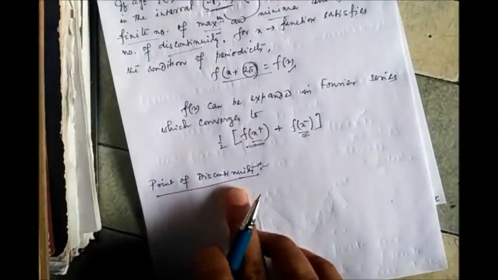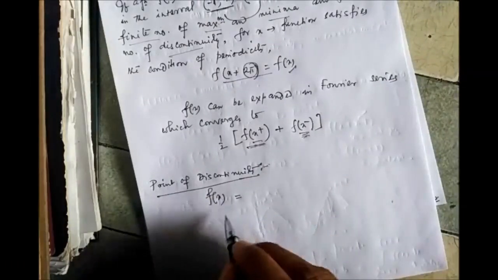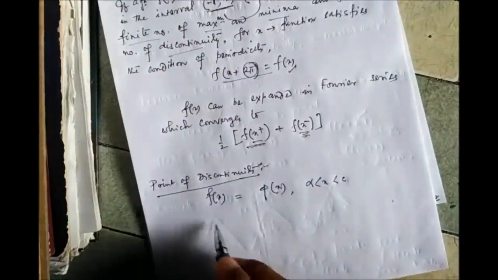Let us consider that a function f(x) is defined in such a way that it has the form phi(x) in the interval alpha to c, where x is less than c, and this function f(x) is bounded in the interval alpha to alpha plus twice pi.